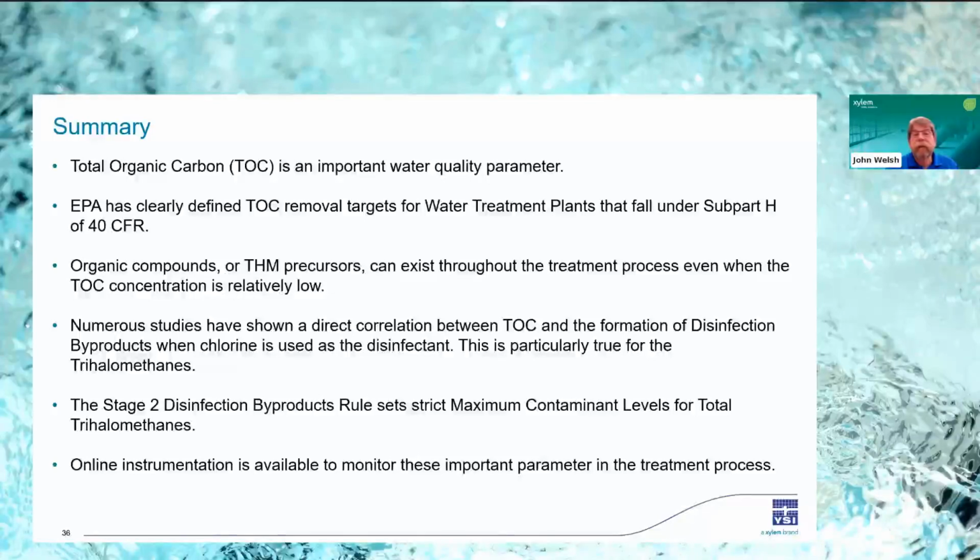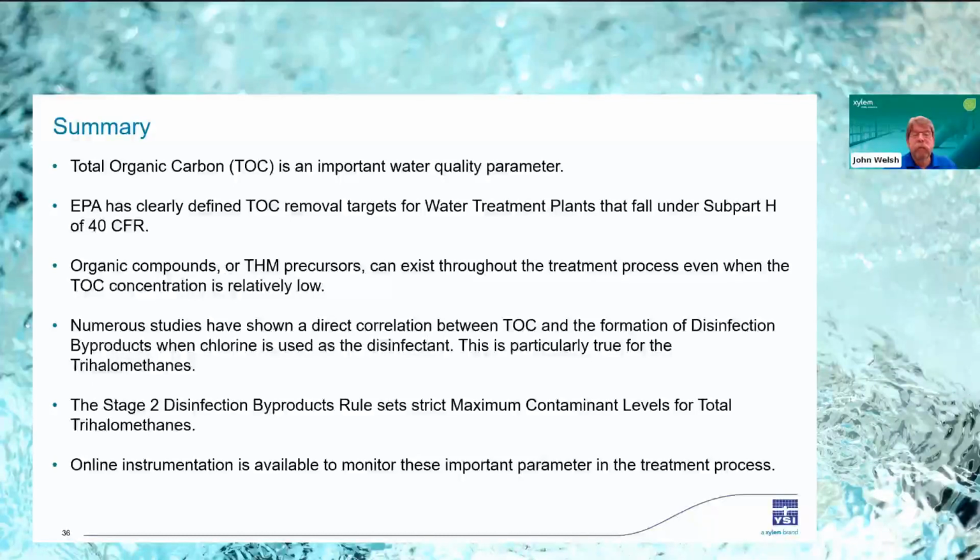Organic compounds or THM precursors can exist throughout the treatment process, even when the TOC concentration is relatively low. I've shown that there have been numerous studies that show there is a direct correlation between TOC and formation of byproducts when chlorine is used as a disinfectant. This is particularly true for the trihalomethanes.